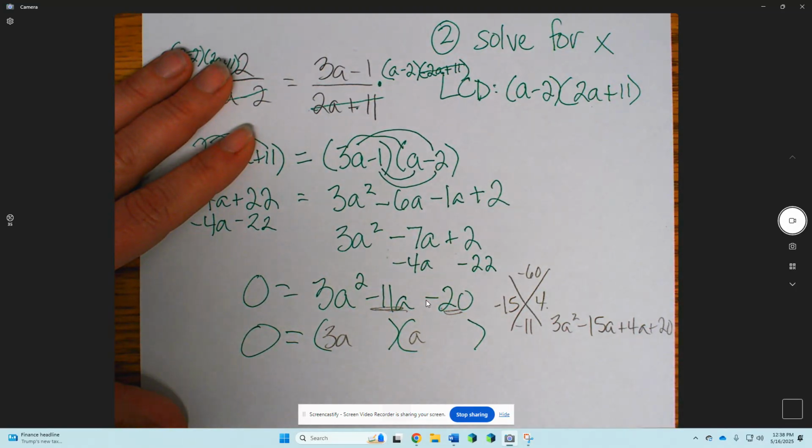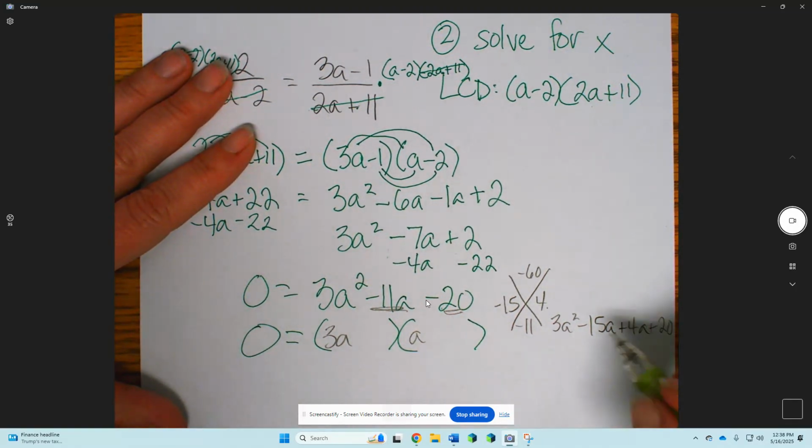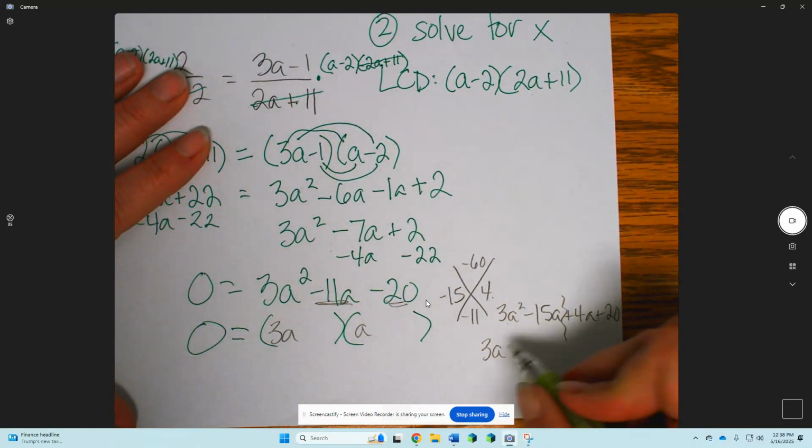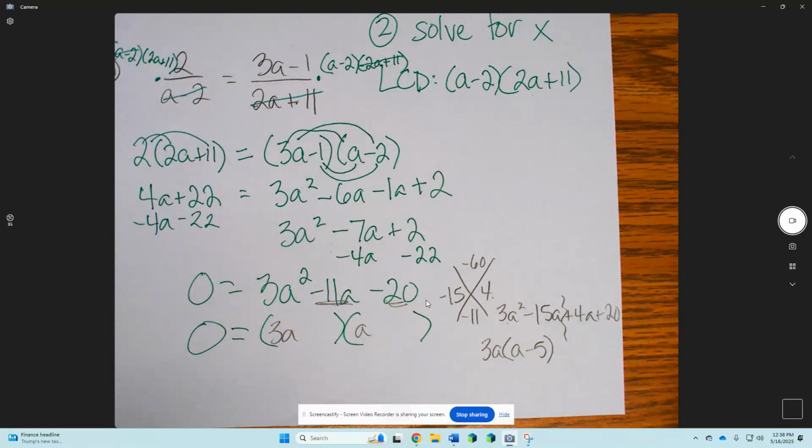Okay. Cut it in half. GCF the first part. They both have 3a in common. Uh-oh, my signs are not right.